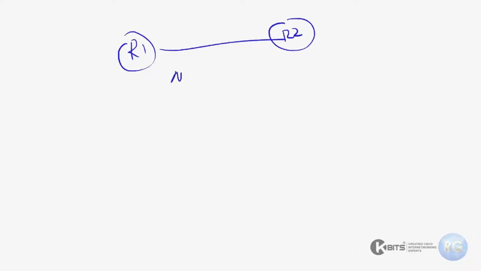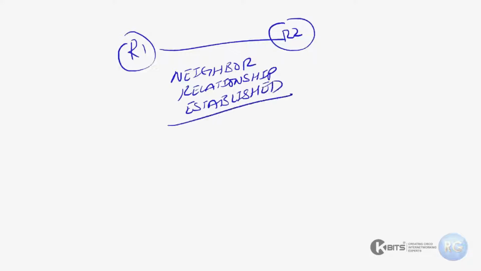So to recap, in Eigrp, when two routers talk to each other, the first thing that happens is a neighbor relationship is established. Okay. Once the neighbor relationship is established, they exchange the routes.